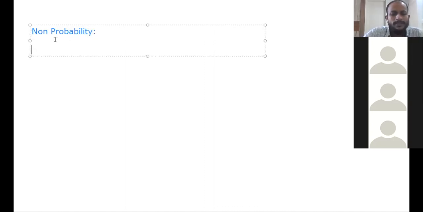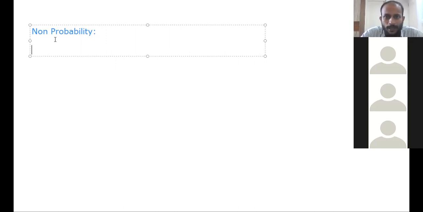So non-probability sampling, the first type of sampling. What does non-probability sampling mean? As the name suggests, whenever I'm taking a sample by not giving each and every member of the population a chance to be part of the sample, this type of sampling is what we call non-probability sampling.